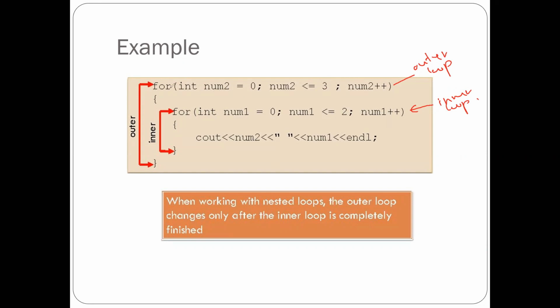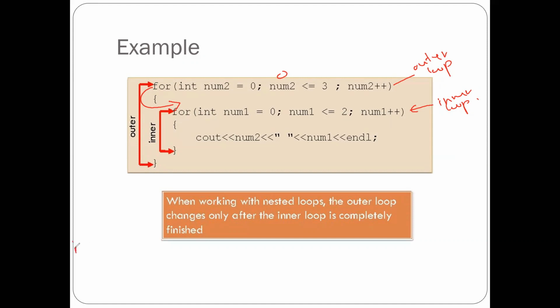For example, for int i = 0, i less than or equal 3, adakah kosong lebih kecil? Betul. Bila betul, dia akan jumpa for loop yang kat dalam. Bila dia jumpa for loop yang kat dalam, so saya buat macam ni lah.